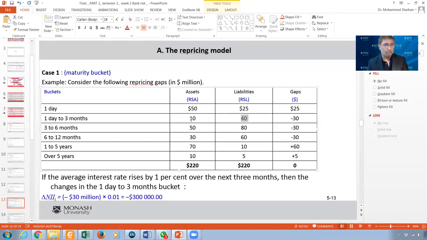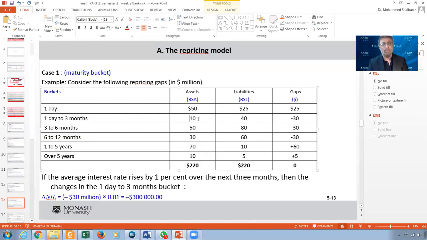The liabilities are higher than my assets, and I will be subject to what we call refinancing risk, because 40 will leave my liabilities. Maybe they are loans in other buckets, whatever, but 40 will leave.